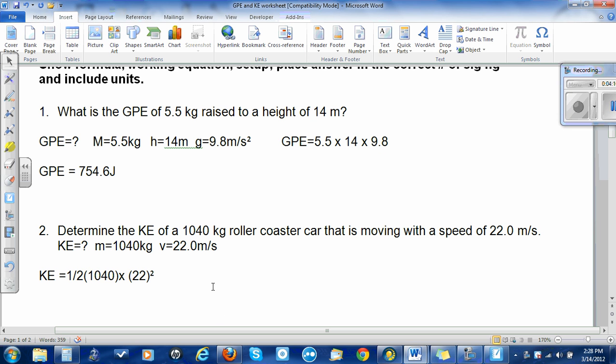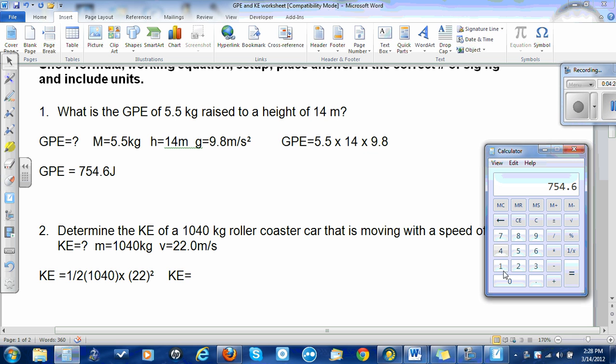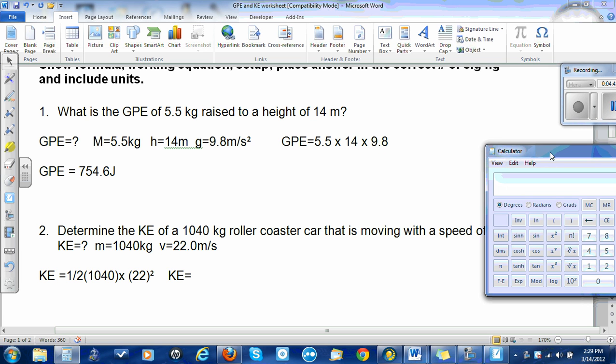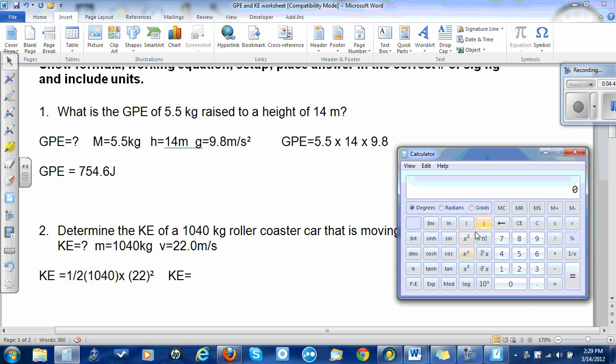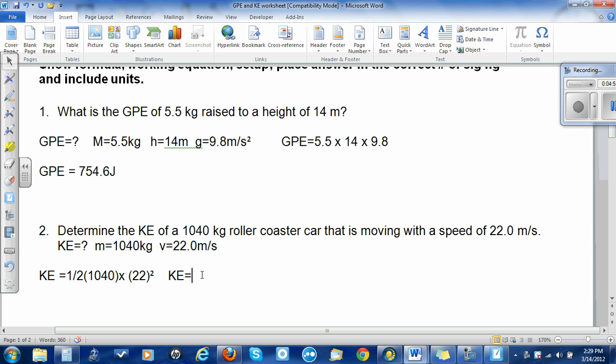First thing I do when I solve these problems is I square V. So 22 squared is 484.